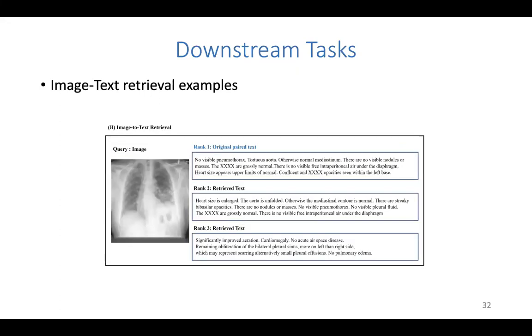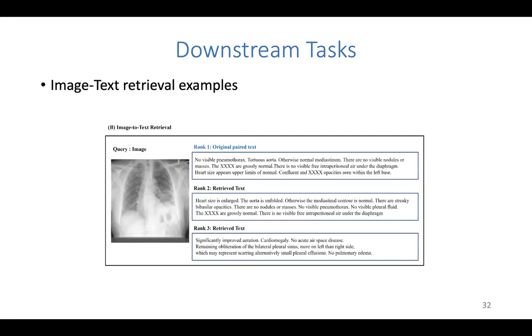But this one is a bit more interpretable for a layman like myself. I'm not a doctor, so we can't interpret what's happening in the image, but at least we can see whether these three texts more or less contain the same semantic information. So here, fortunately, the rank 1 retrieved item was actually the ground truth original pair.